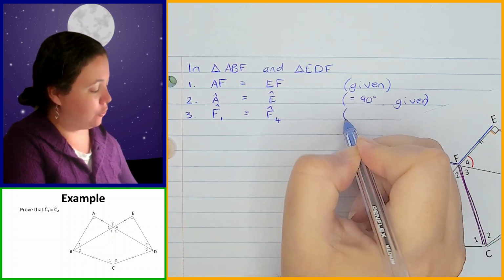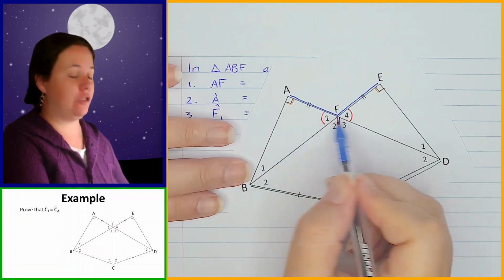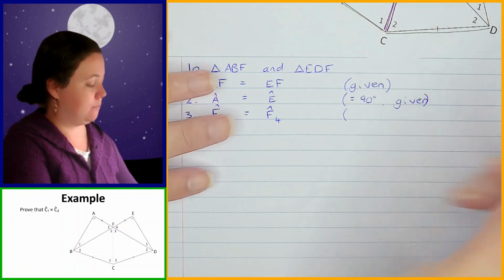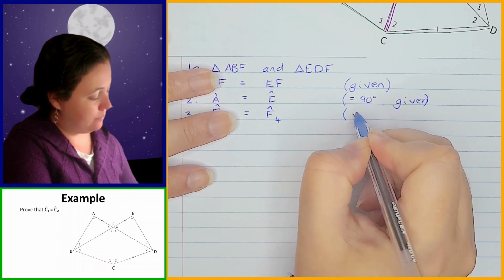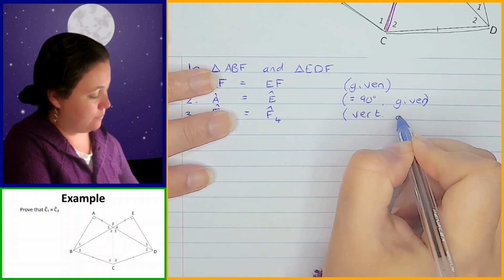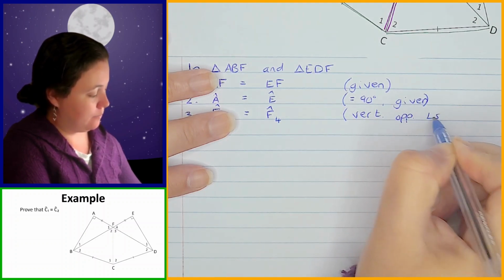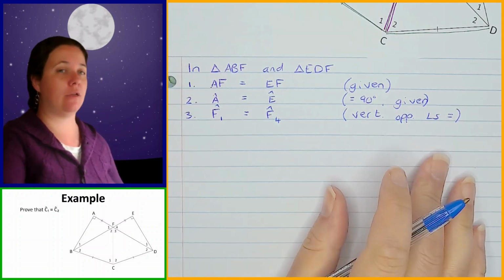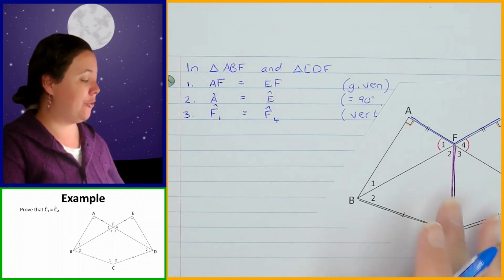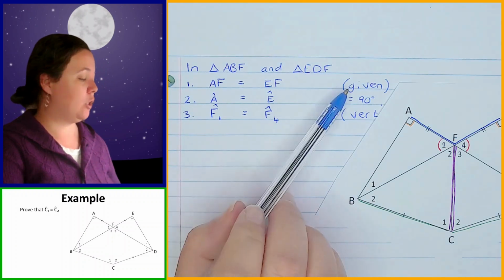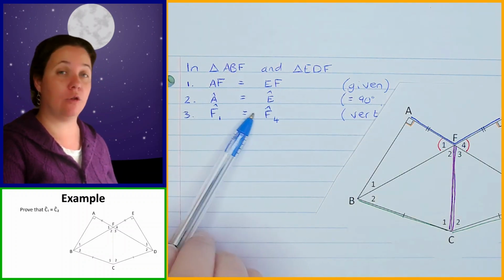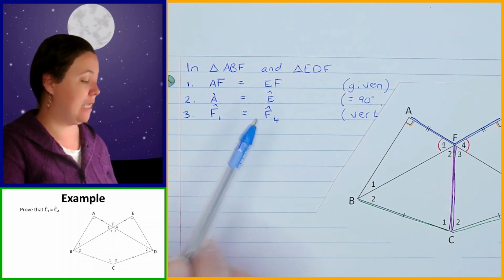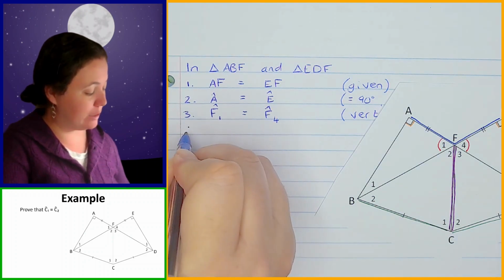And the reason I know that those are equal is because they are vertically opposite. And vertically opposite angles are equal to each other. Okay, so now that I've got three statements with valid reasons for how I know that those things are equal in the two triangles, now I can say, therefore, the two triangles are congruent.